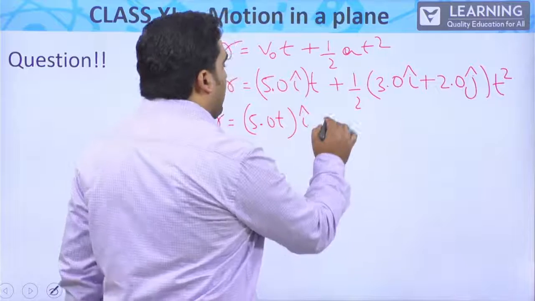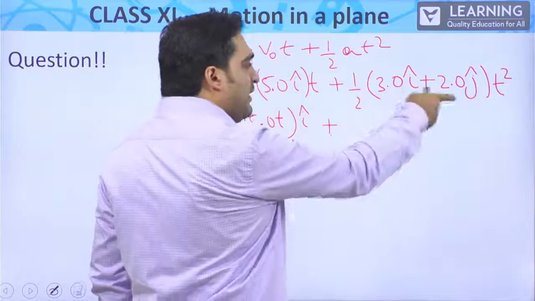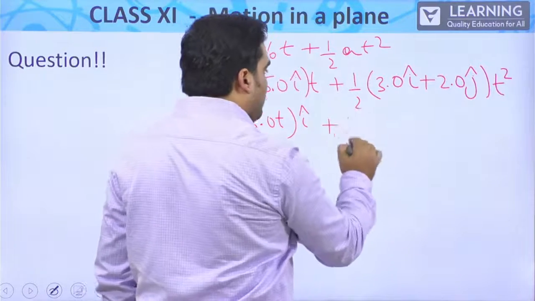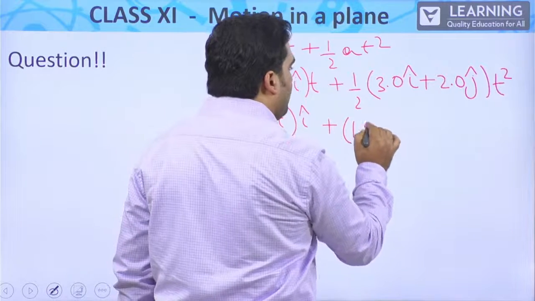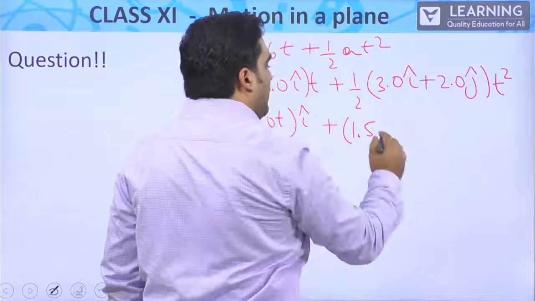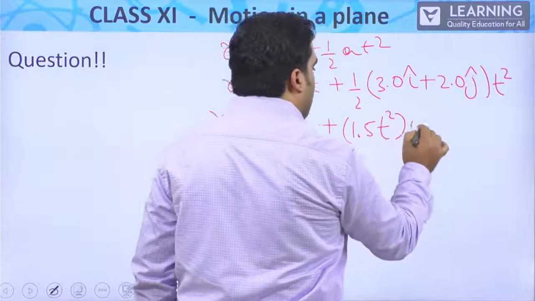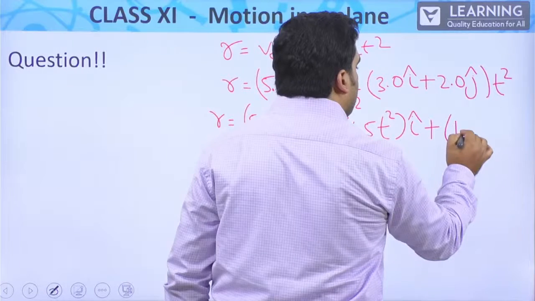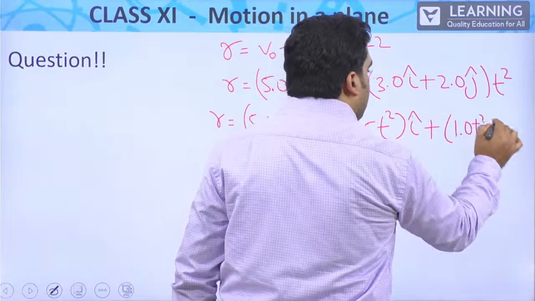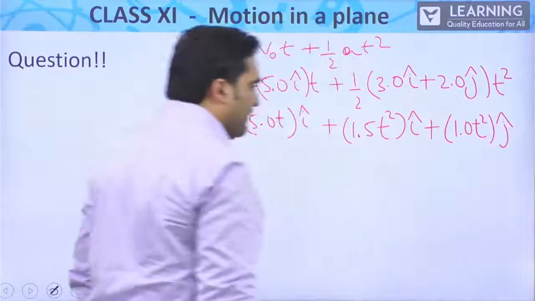Right, and then multiply the half. First you multiply the half, which gives you 1.5 t square i cap plus 1.0 t square j cap.